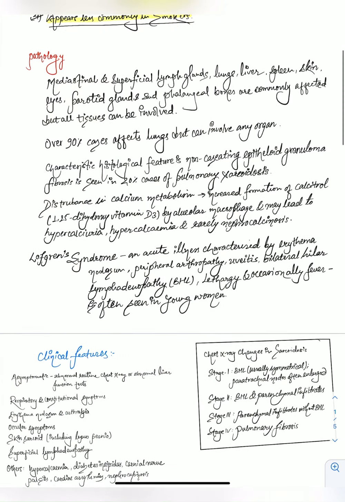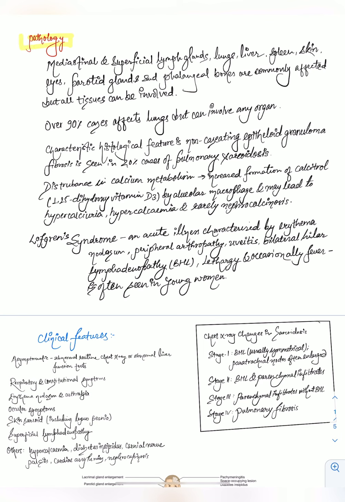Now we'll go for pathology. Mediastinal and superficial lymph nodes, lungs, liver, spleen, skin, eyes, thyroid gland, and phalangeal bones are commonly affected, but all the tissues can be involved. So as we have said, it is a multi-system disorder.